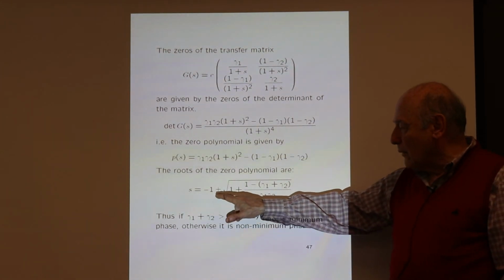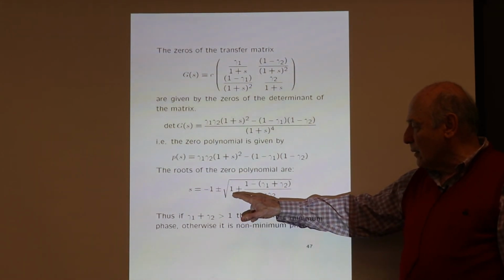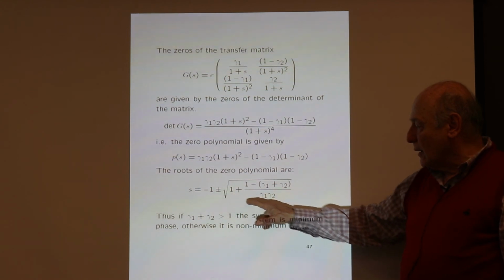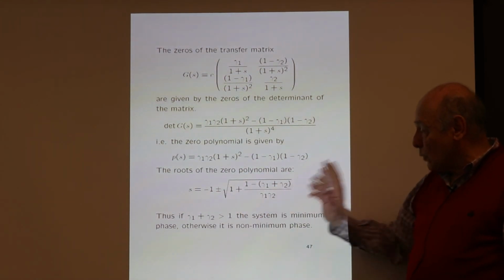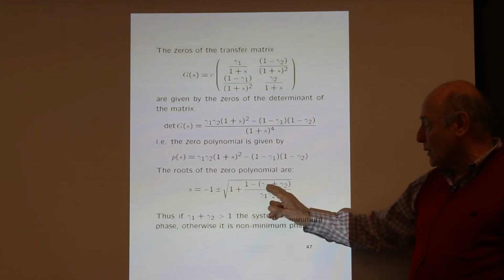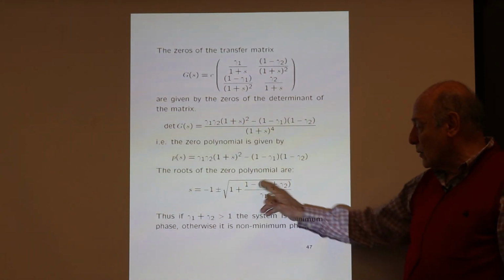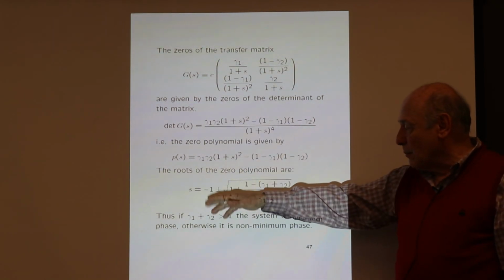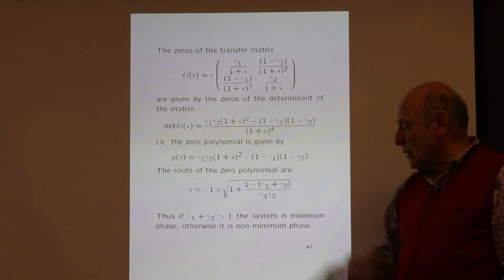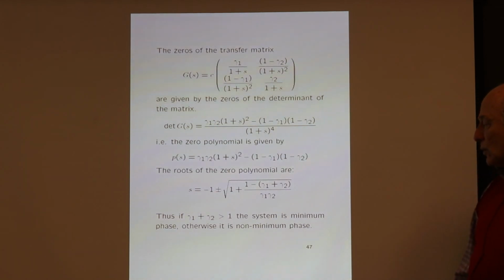Therefore, it will never have a square root because gamma 1 and gamma 2 are positive and the sum is positive. When this is 1, this is 0, and therefore you have minus 2 and 0 as the roots of the polynomial.